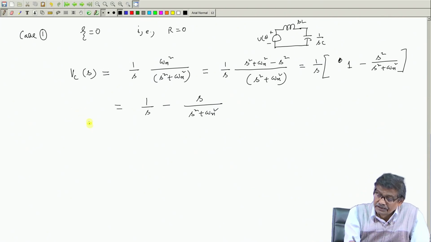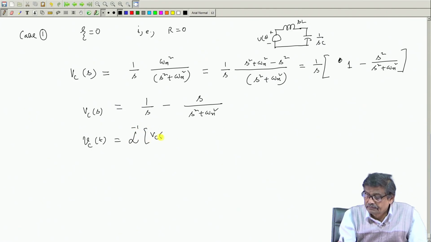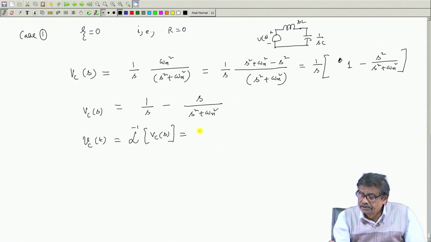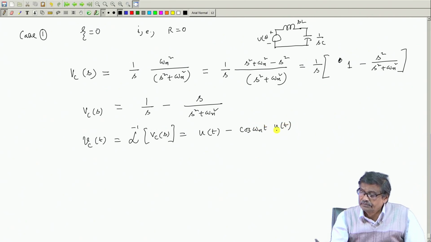So, after getting this VCS, VCT will be the Laplace inverse of VCS, which will be, for this term ut, and for this term cosine omega n t ut. That is all.